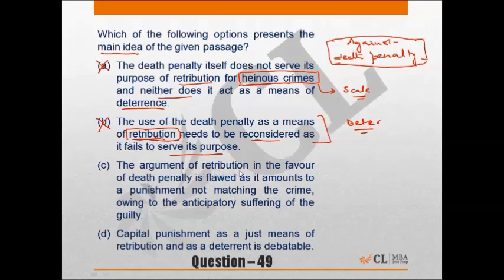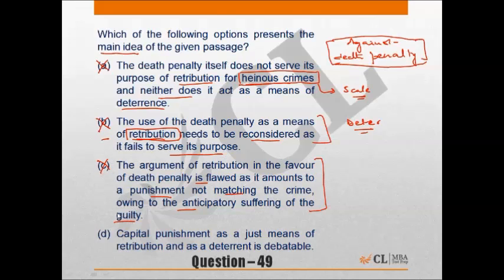Choice C: the argument of retribution in favor of death penalty is flawed, as it amounts to a punishment not matching the crime owing to anticipatory suffering of the guilt. Absolutely right. But this is only part of what it has discussed. For the same reasons as choice B, it is very narrow, it is not looking at all the arguments in the passage, hence choice C would be incorrect.